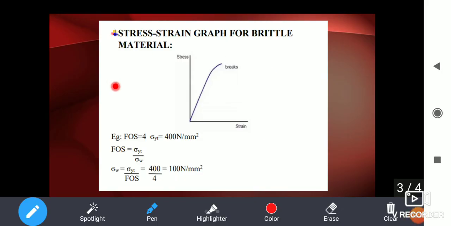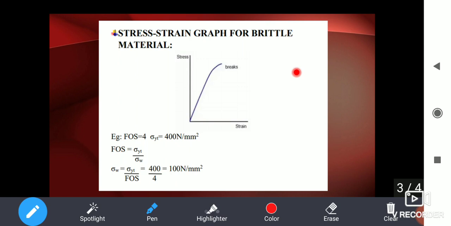Next we will be seeing an example with brittle materials. Here is a stress strain graph for brittle material. If we are using brittle material to design some component, then the brittle material fails suddenly. Now compare ductile material with brittle material.